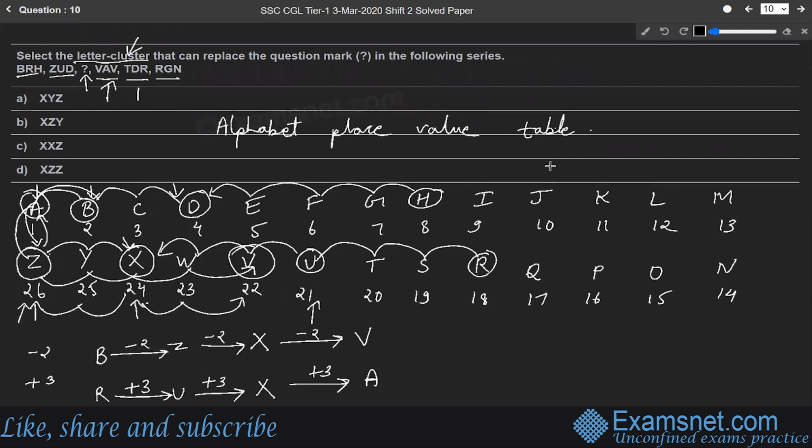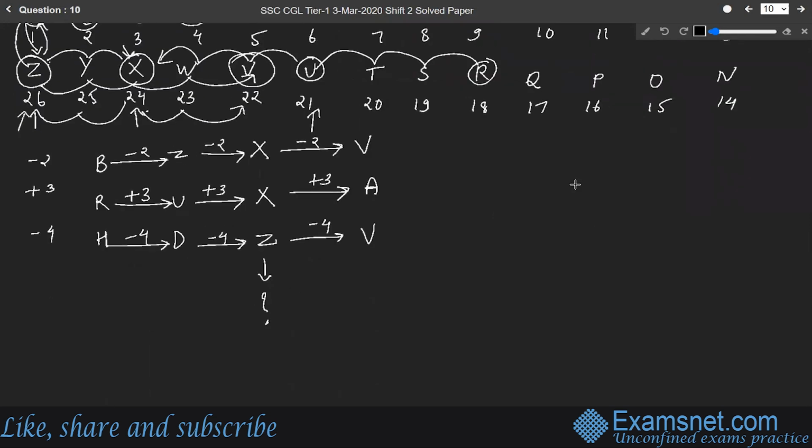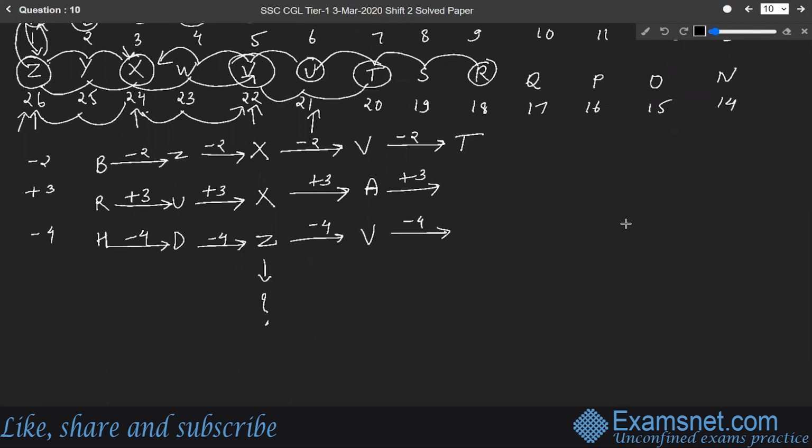So let us check it for the other two clusters also. Next is TDR. So let us see if we get TDR or not. Again, the concept is minus 2, plus 3 and minus 4. So V minus 2. See, V is present here. V minus 2 means in the reverse order. So 1 and 2. So this is T. A plus 3.